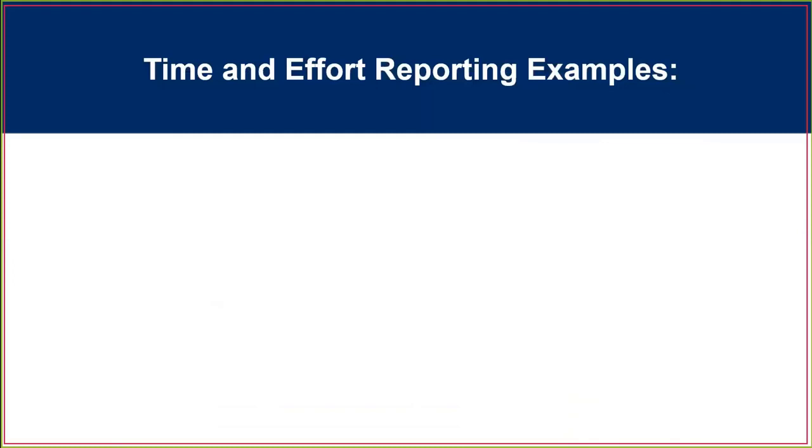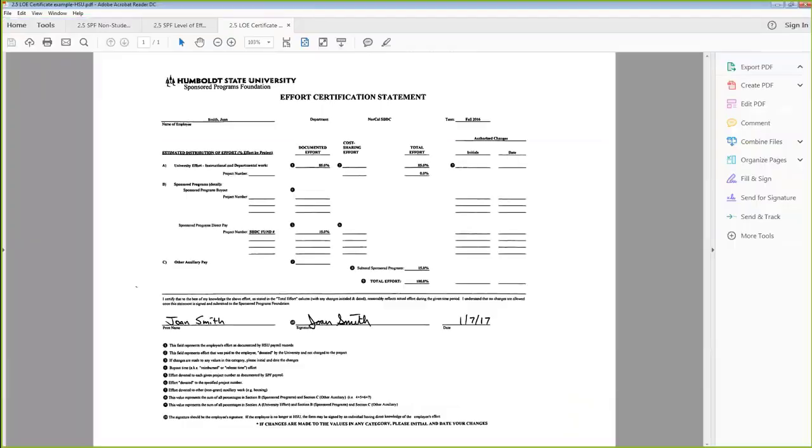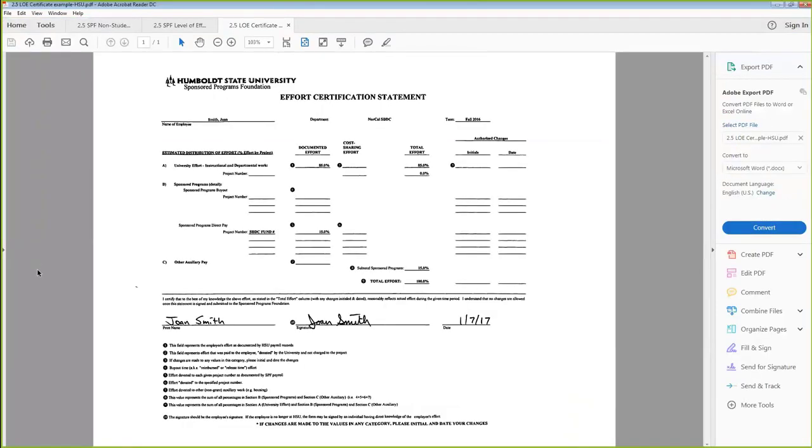So then a third option at HSU, if someone was to work on the state side, so I'm a foundation employee, but if someone was working and appointed to the state side chancellor's funds, and they were also working for the SBDC program, this would be the level of effort form.